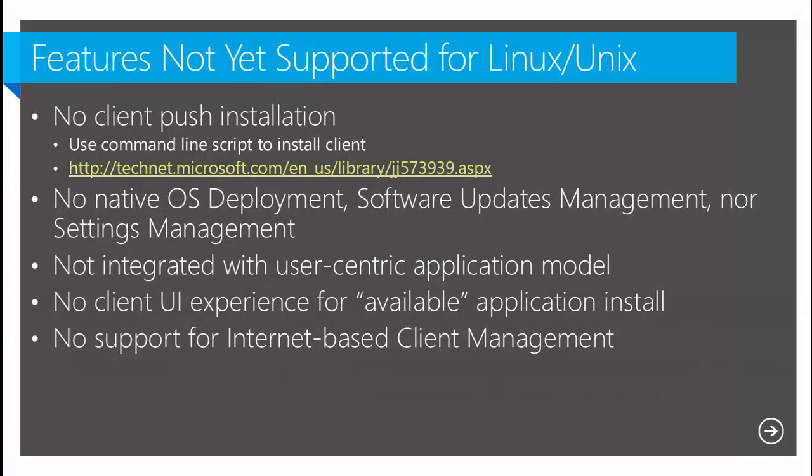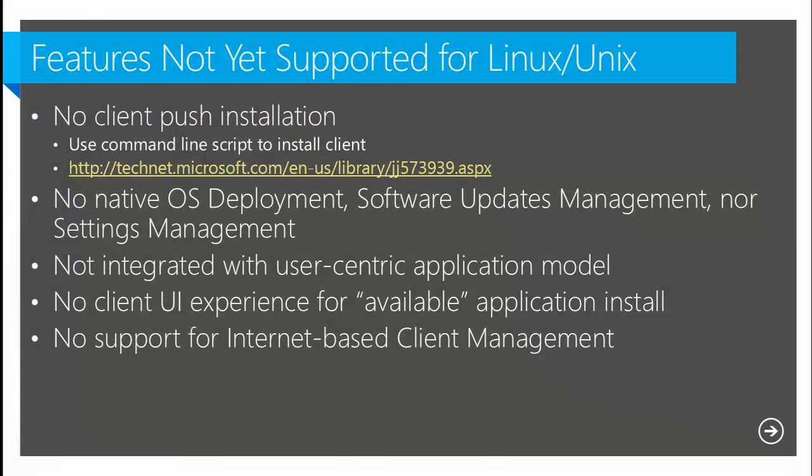In addition, as I said, we don't offer native integrated OS deployment and software updates management, but you can leverage our software distribution features to deploy those sets of content types as well.